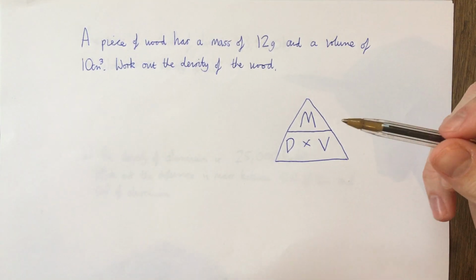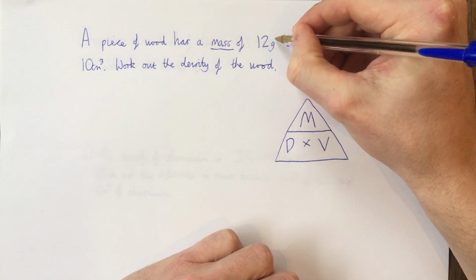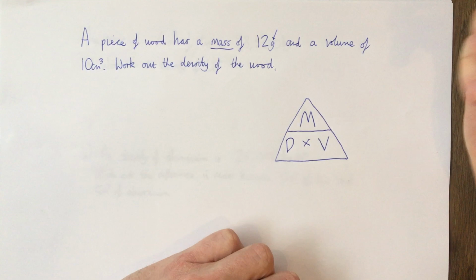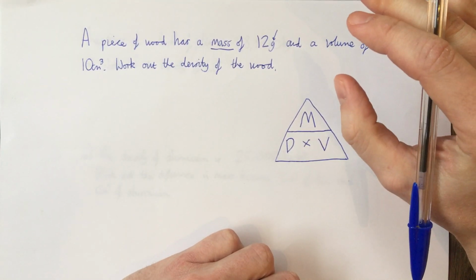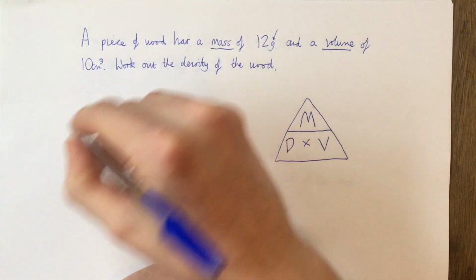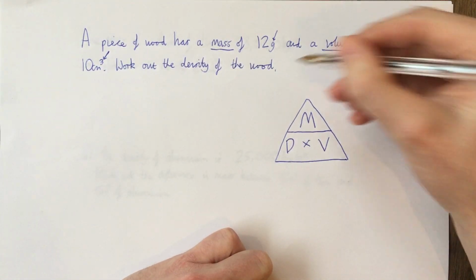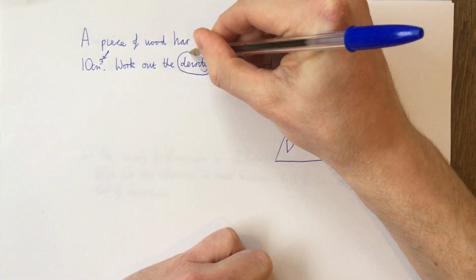So, a piece of wood has a mass of 12 grams. Look, it's used G for grams, so you know that's going to be the unit. And a volume of 10 centimetre cubed, so it's measured in centimetre cubed. Work out the density.